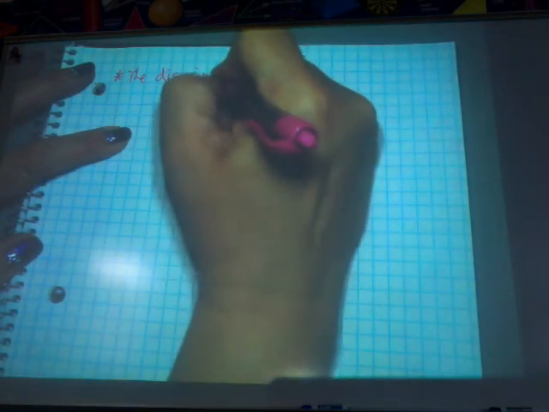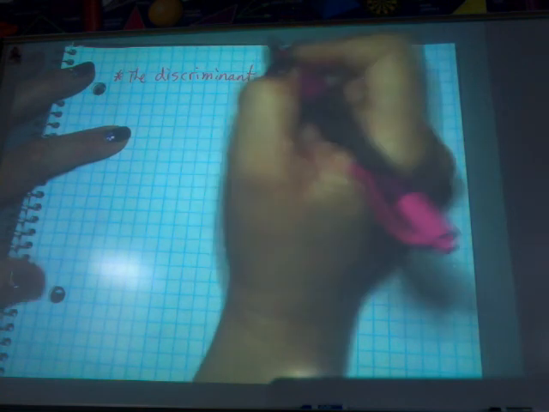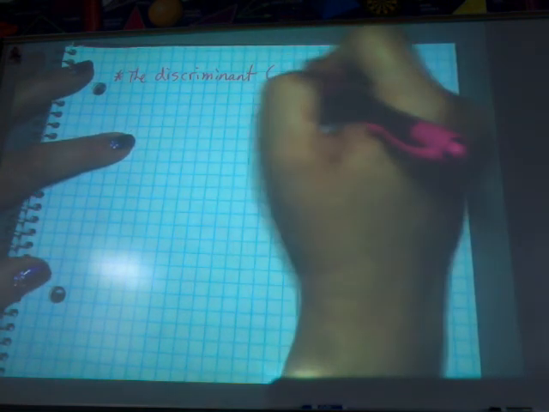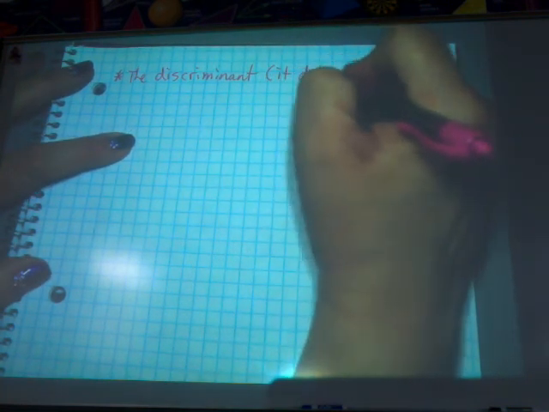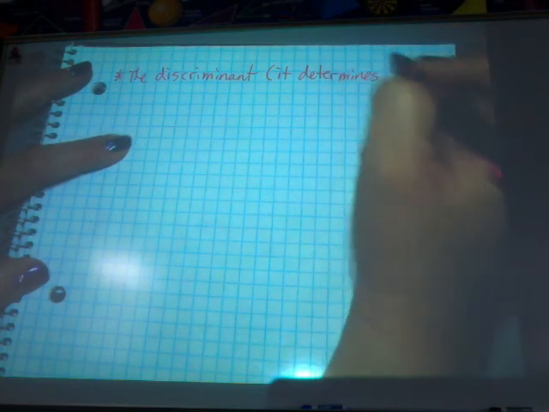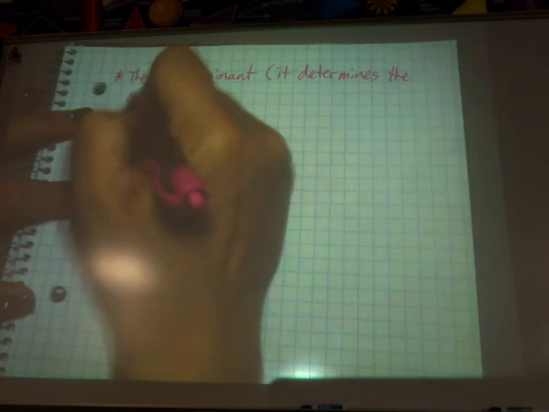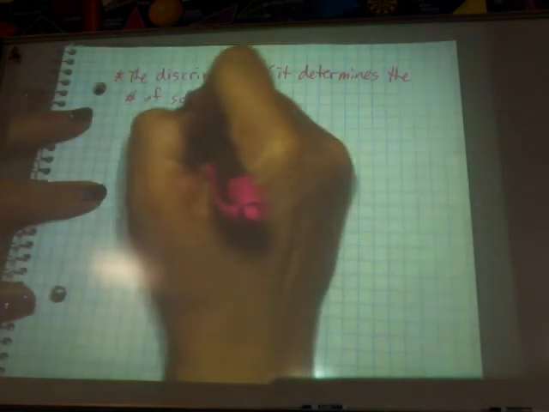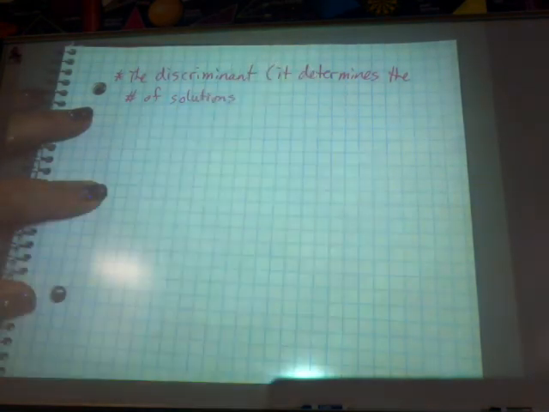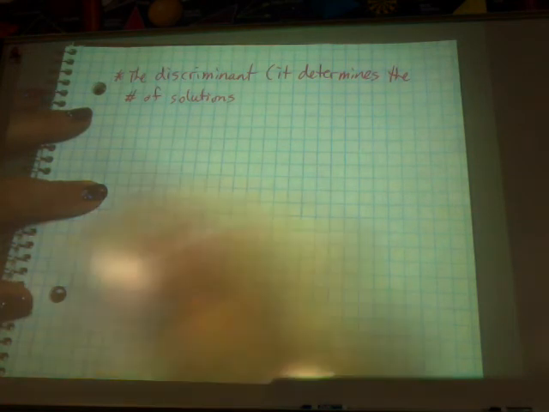It's a study thing. So you might want to write at the top of this, study the following. The discriminant (in parentheses it determines) the number of solutions to a quadratic.